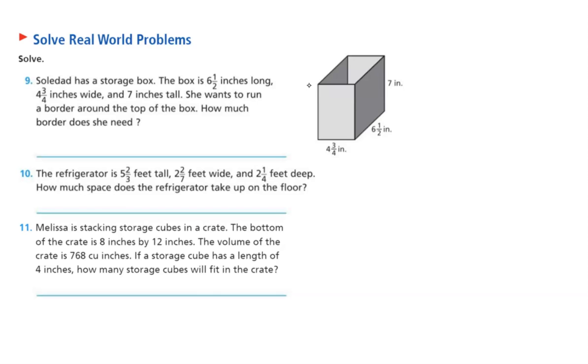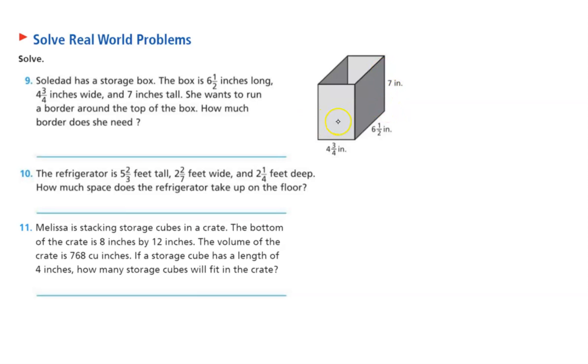Okay, we got to be careful here. I don't think she actually wants anything other than just material running across the top. So that actually makes me think that this problem would be perimeter, because I just want to know how much fabric or whatever she needs to run a border across the top of this. So this 7 inches tall doesn't actually even mean anything.